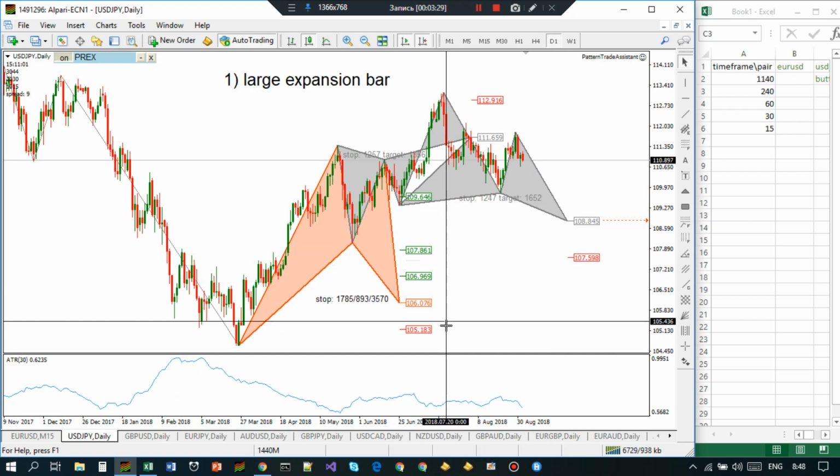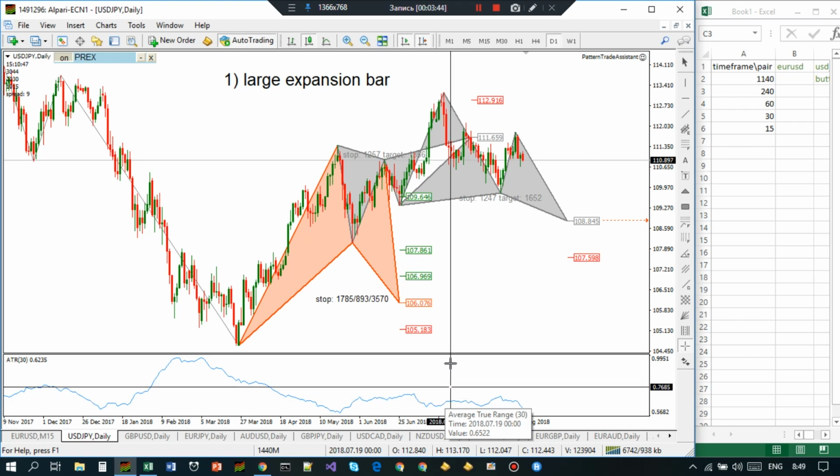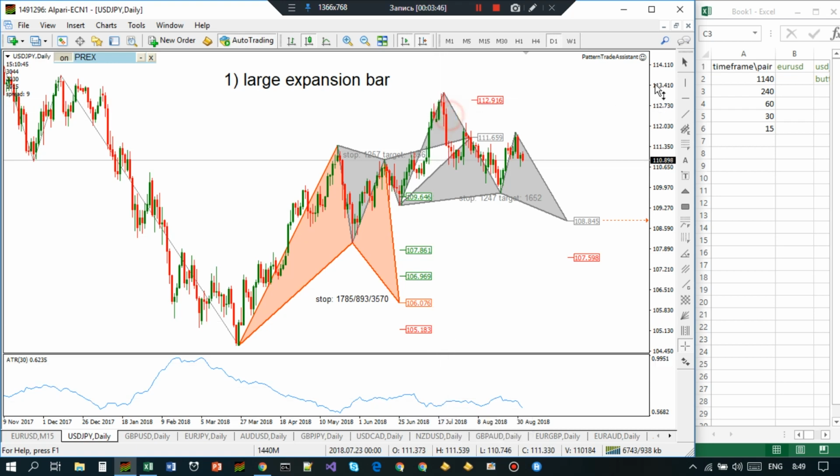For example, if you go here and you see the average range is 670 pips at this bar.